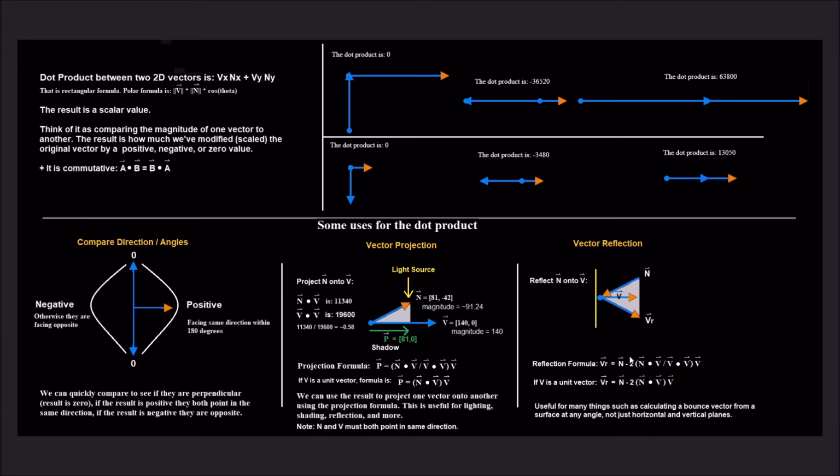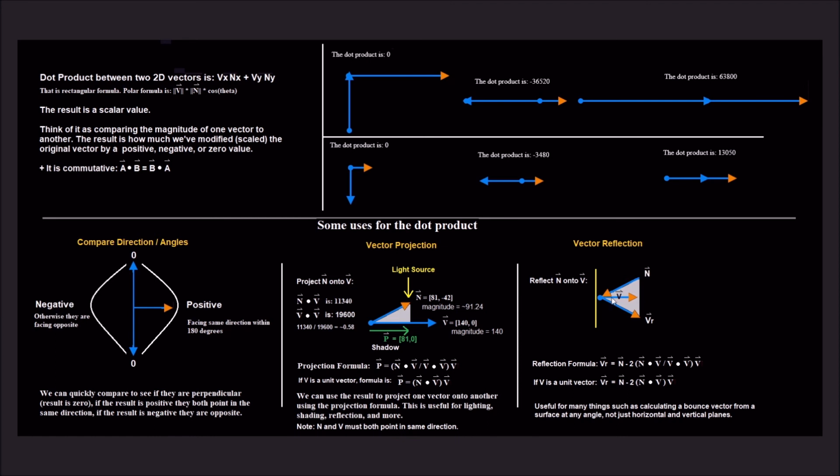If you look at this formula closely, this part where it's n dot v divided by v dot b times v is the projection formula. So basically, that's taking the projection formula, doubling the projection vector, and then subtracting all of that from the incoming vector. And that would give you a reflection vector.